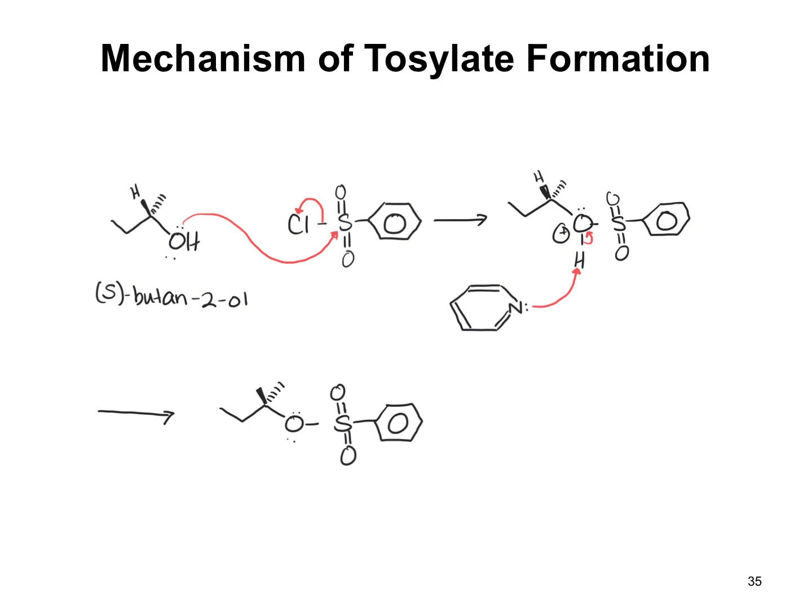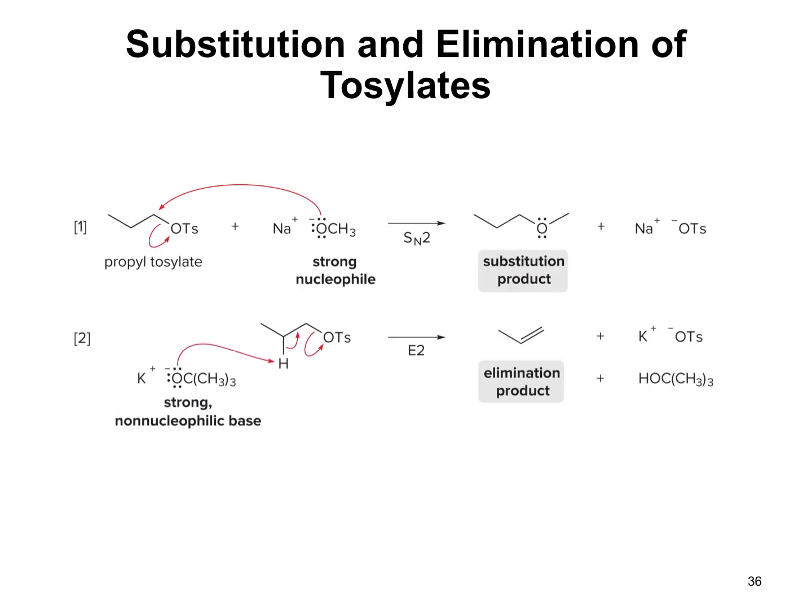Now, because the tosylate is a really good leaving group, this molecule can now undergo both substitution and beta elimination, just like alkyl halides can.